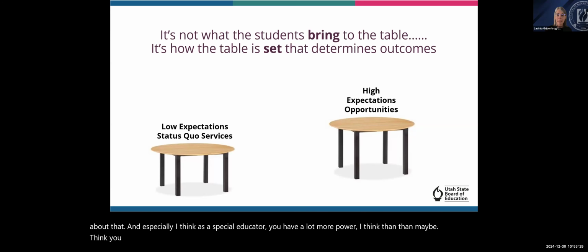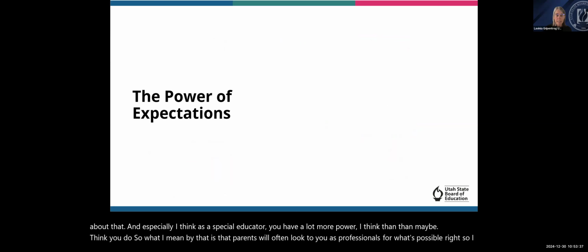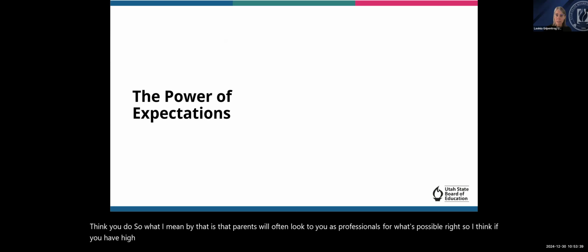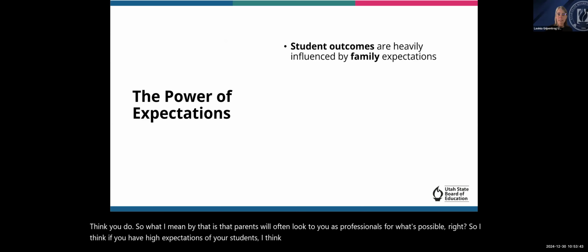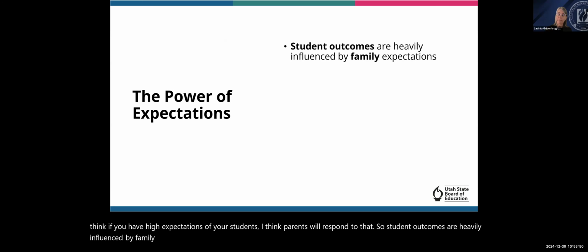Parents will often look to you as professionals for what's possible, right? So if you have high expectations of your students, I think parents will respond to that. Student outcomes are heavily influenced by family expectations. Some families have very high expectations of their own students, right?